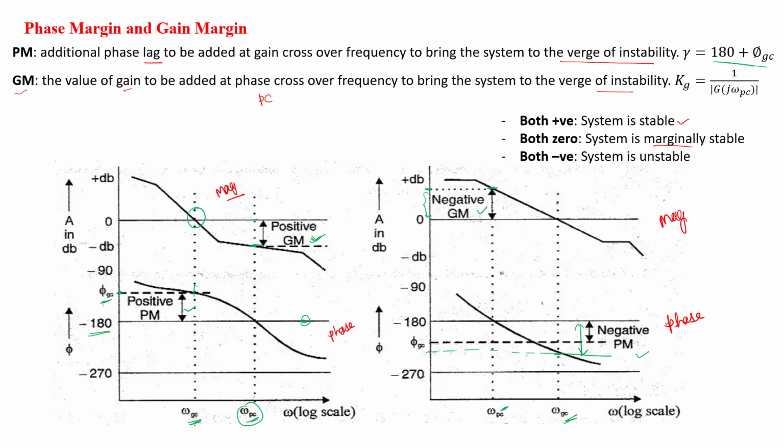And the phase crossover frequency is the frequency at which the phase plot crosses minus 180 degrees. Don't get confused. For the gain margin, we consider the phase crossover frequency, and for the phase margin, we consider the gain crossover frequency. That is the important part here.